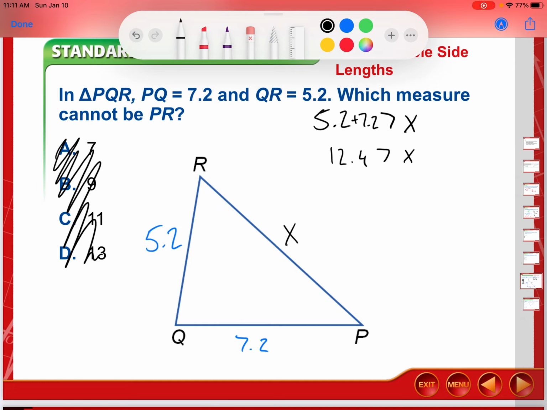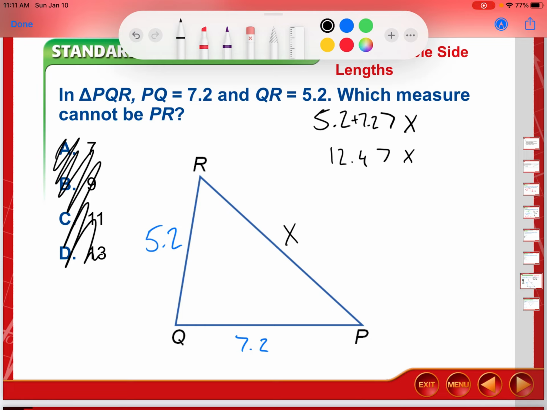But now we have to find the smallest it could be, which is a little bit trickier and less straightforward. So if side X is not our biggest side, let's pretend it's our smallest side, because the smallest side would give us the biggest range of what the side length of RP could be.